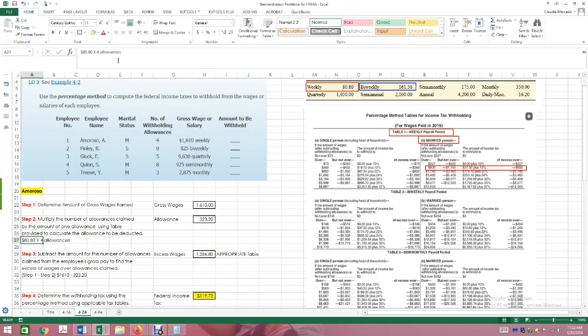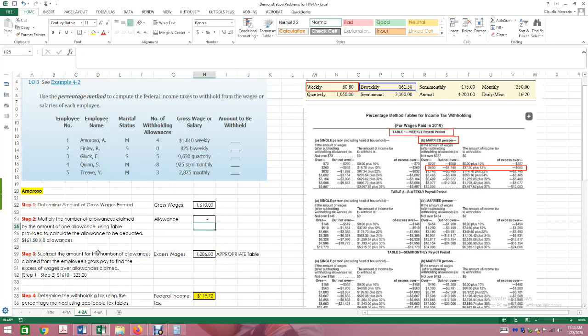So I've got $161.50. But this employee has 0 allowances, so I'm going to multiply it by 0. So as we know, any number multiplied by 0 gives you a 0. Okay? This employee does not have any allowances, so they're not going to get any tax credit.